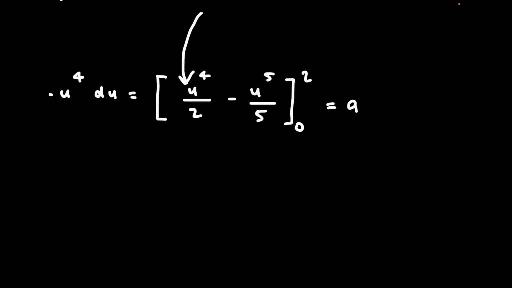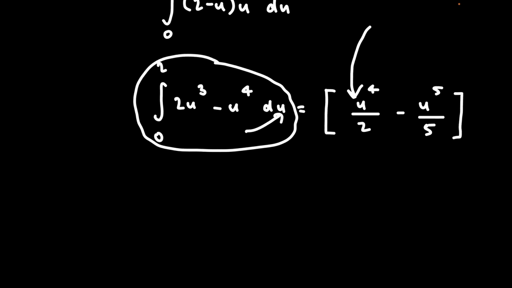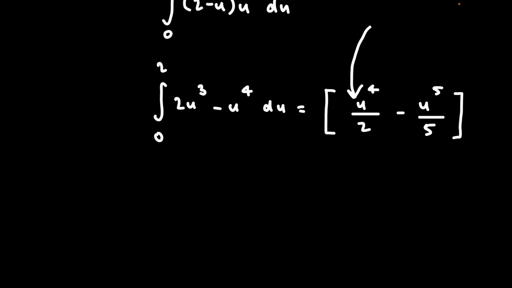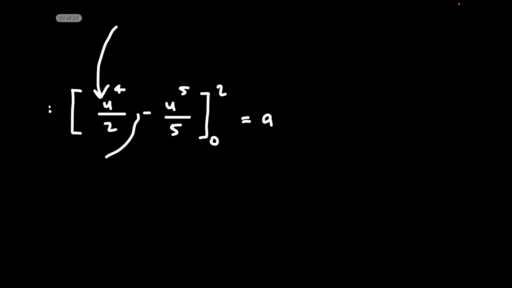It doesn't matter what u is, doesn't matter what x is, because this whole definite integral is with respect to the variable u, I'm going to get the same value, the same constant, regardless of whether I integrated replacing this u with x and dx, or whether I used just the u and du. So there is no need to replace the u in this case, because I'm just going to get a number.